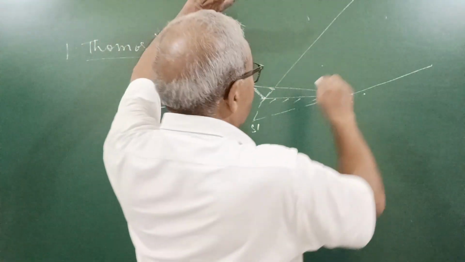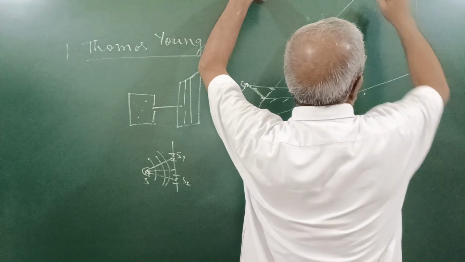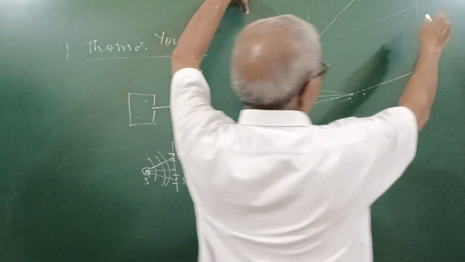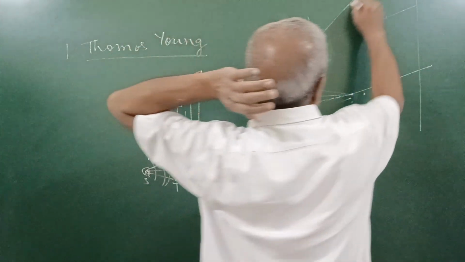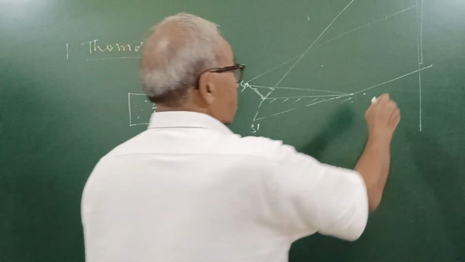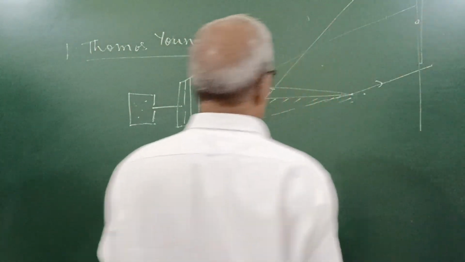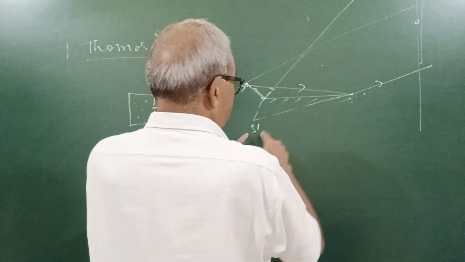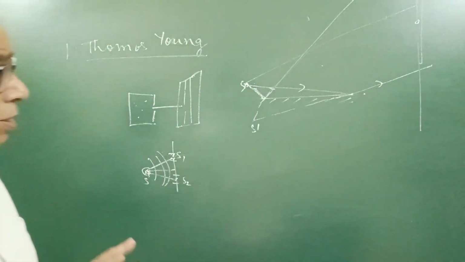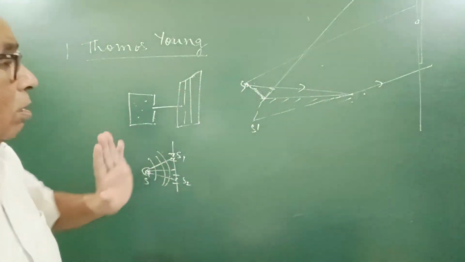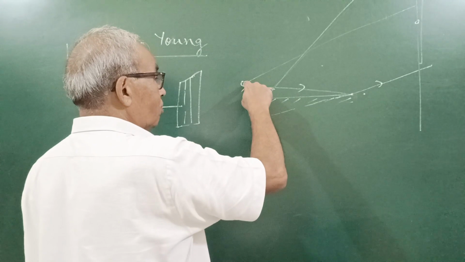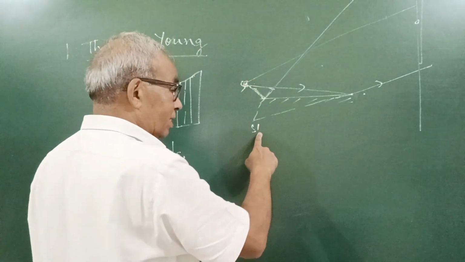So S dash and S, here the screen. The light from two sources falls in the common region. The common region is this one only. But the difference is that here at center we will get a dark fringe because light reflected from S dash and S will be exactly out of phase. This is another method. Whatsoever change will take place in S, the same will take place in S dash.